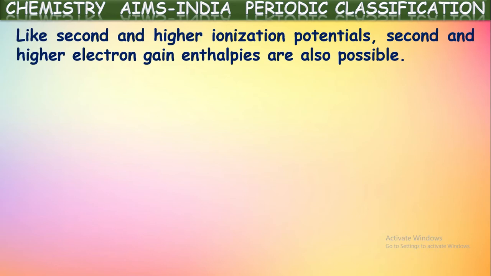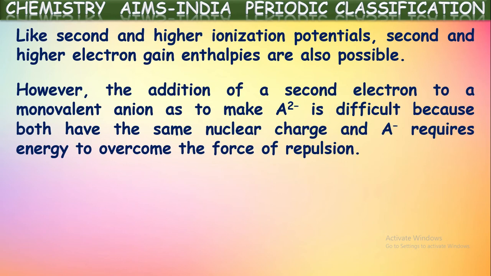just like second and higher ionization potentials, here second and higher electron gain enthalpies, meaning second and higher electron affinities, are also possible. However, the addition of a second electron to a monovalent anion to make A2 minus is difficult, because both have the same nuclear charge and A minus requires energy to overcome the force of repulsion.